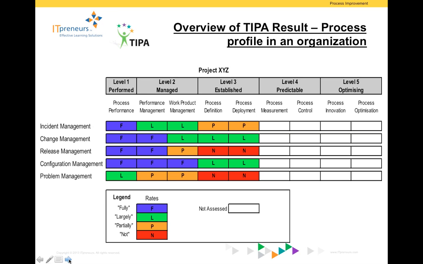And that is the basic information that will help us eventually determine that the incident management process is at a level 2 of maturity, and that level 1 has been achieved for problem management, as an example.